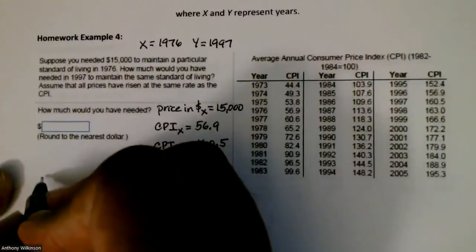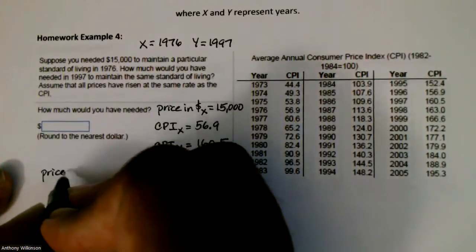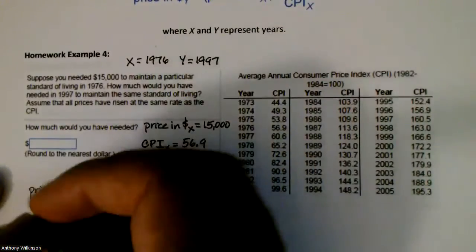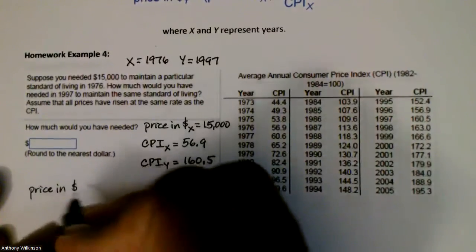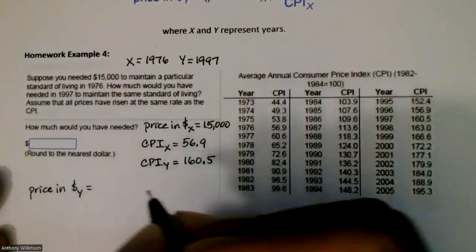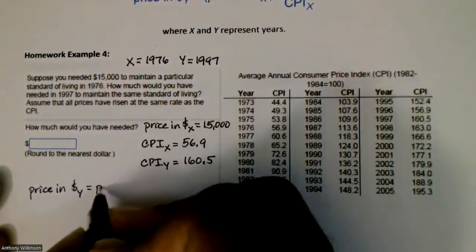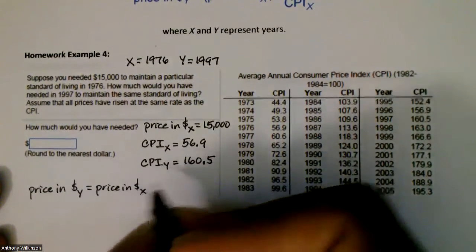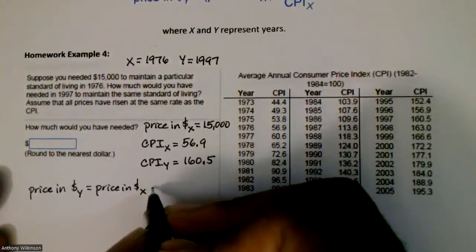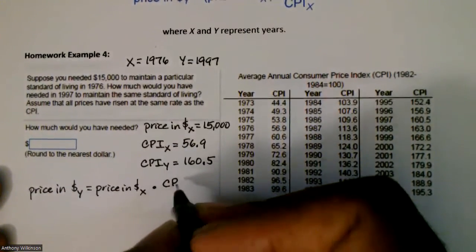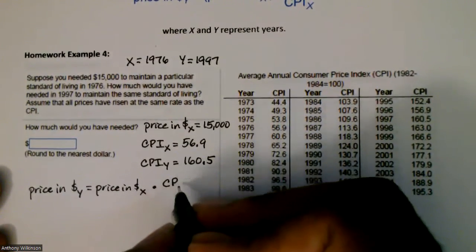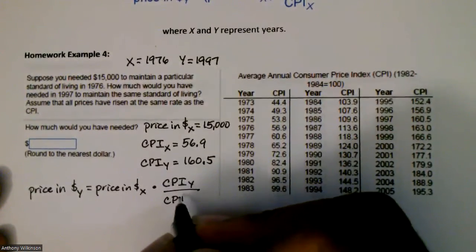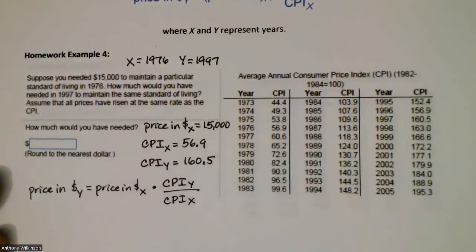All right, so that's where we use this formula up here, and I will rewrite that: the price in dollars for Y, which is 1997, would equal the price in dollars for X, which is 1976, times the consumer price index for Y, divided by the consumer price index for X.